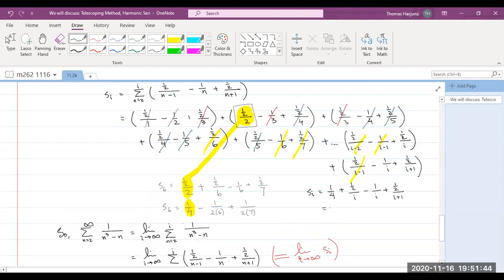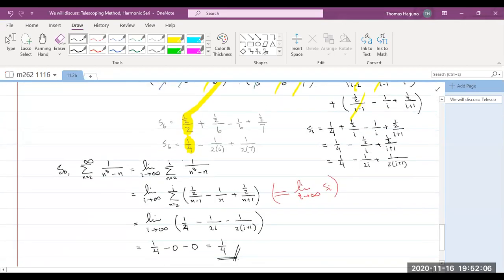Which then is 1/4 minus 1/2 over I plus 1/2 over I plus 1. That's how we get 1/4 minus 1 over 2I plus 1 over 2I plus 1. That's how we get that. This guy here now gets here. Then we bring the I going to infinity.